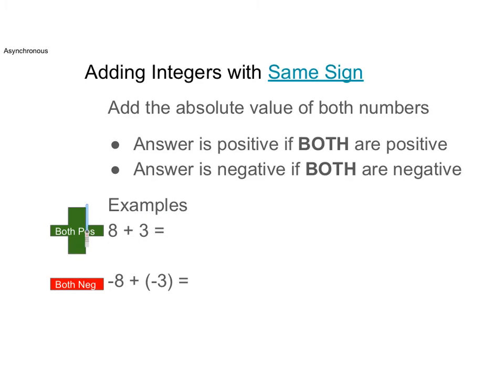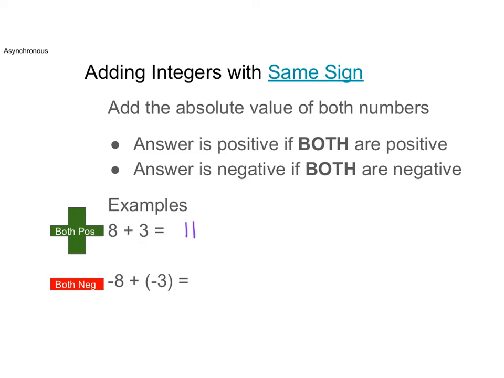So let's look here. These are both positive. I have a +8 and a +3. Because they're both positive, I'm going to add the absolute values. Basically, I just add 8 plus 3, that's easy, which is 11.